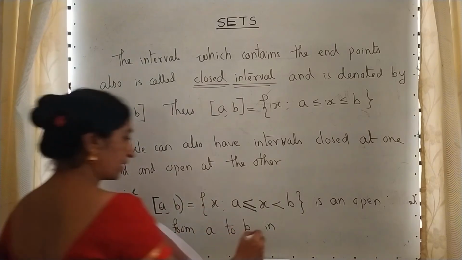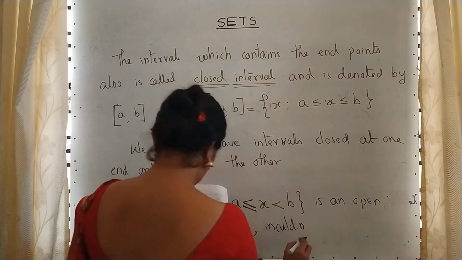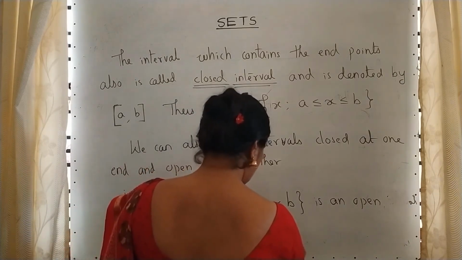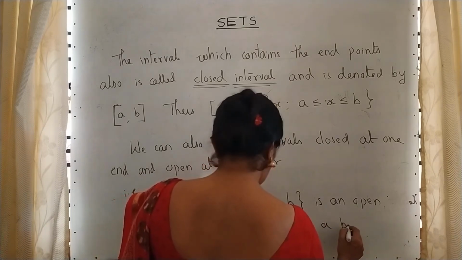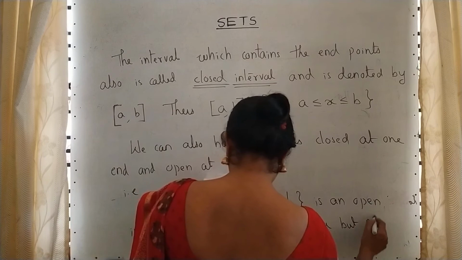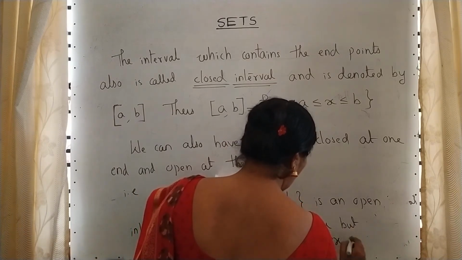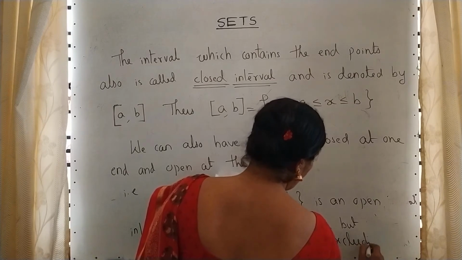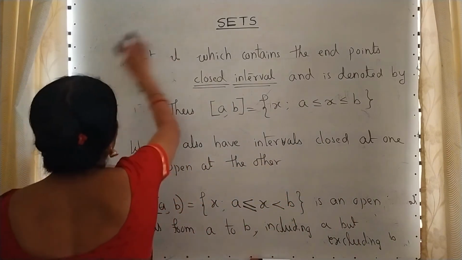Closed means including A but excluding B. Excluding means we are not taking B. And similarly we can define like this also.